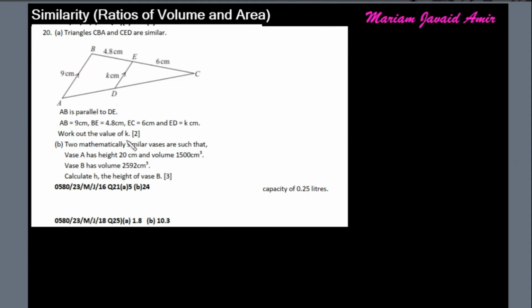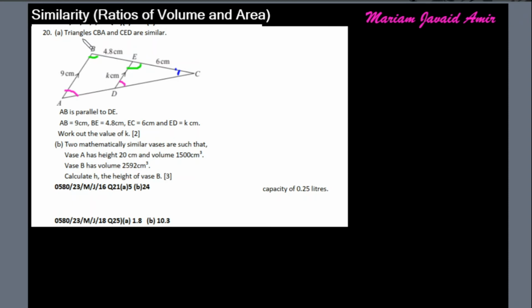Question number 20. Part A, triangles CBA and CED are similar. Again, let's discuss why they are similar: this angle and this angle are corresponding, this angle and this angle are corresponding, and the third angle is automatically equal, and also it's the shared angle between the two triangles CBA and CED.